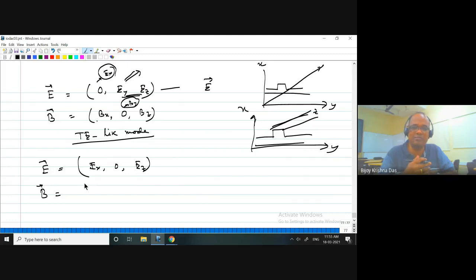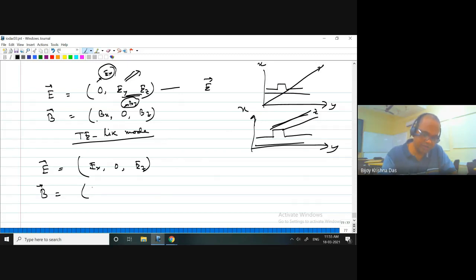But here you are considering 2D confinement: which plane the electric field is dominating in, and which plane the magnetic field is dominating in. By judging that, you can define it. That is the definition we give for our understanding purpose, a kind of nomenclature. We'll call this a TE-like mode, and we'll call this a TM mode or TM-like mode.